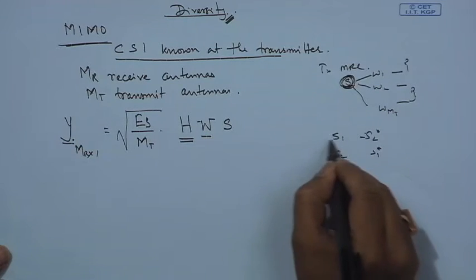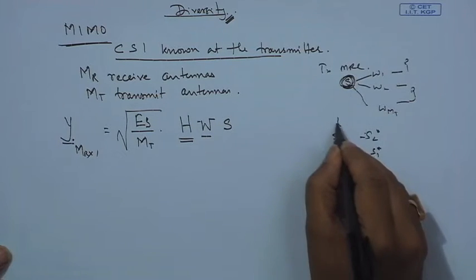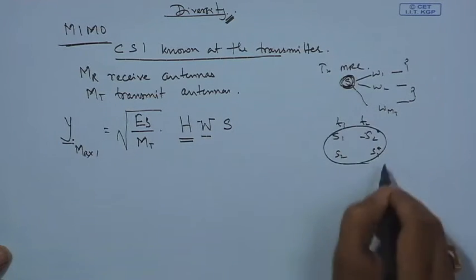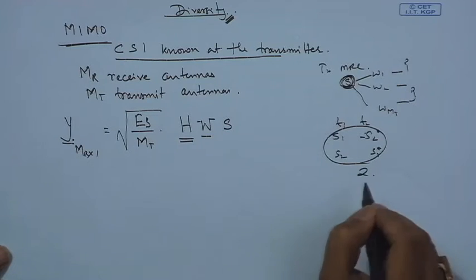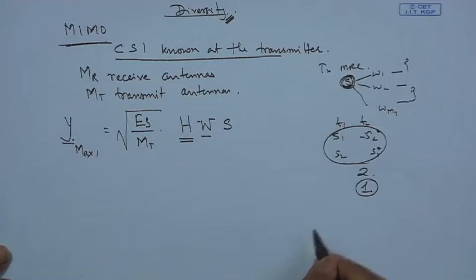Here you could argue that we send 2 different symbols, but overall in 2 different times, t1 and t2, we have sent 2 symbols. So per symbol time we have sent 1 symbol. So we have actually not gone to multiplexing, although it appears to be multiplexing, which we'll see later. All I'm trying to say is that when you're doing diversity, you're basically sending the same information across all the different branches or paths that exist.